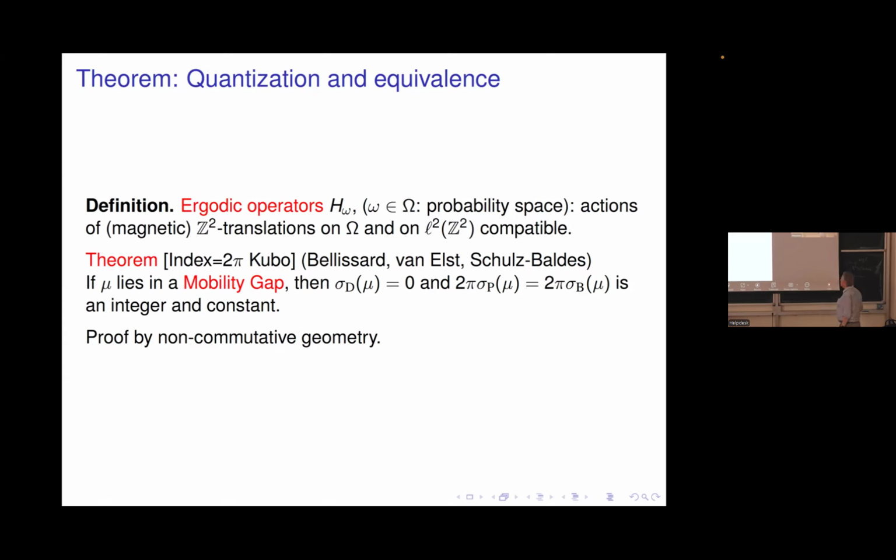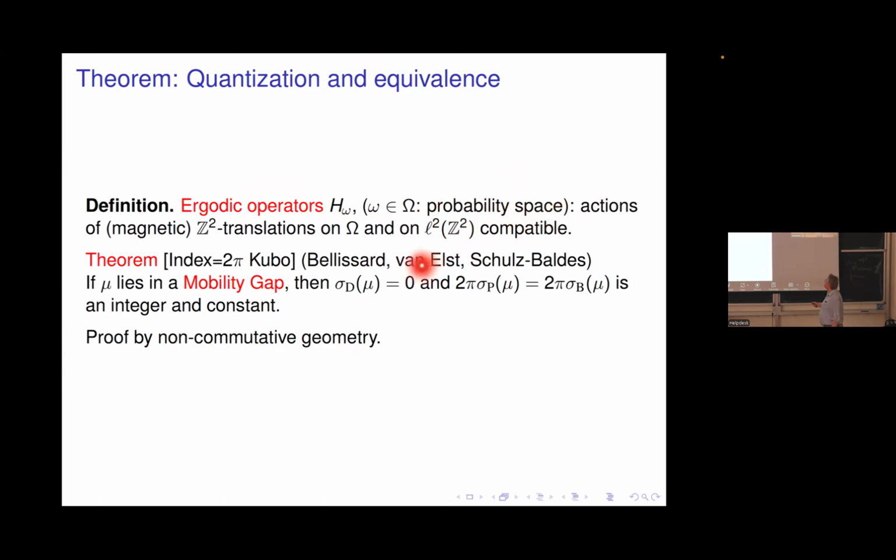And then you may wonder whether the two definitions we now have at our disposal are the same or not. And the answer is yes. There was a first result quite some time ago, which was placed in the setting of a random component. So things all become random, and the probability space becomes important. In fact, sigma Hall is defined as an average over the probability space. Something we may wish to have or may not wish.